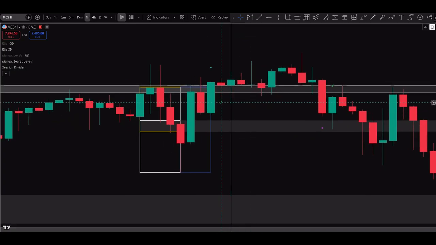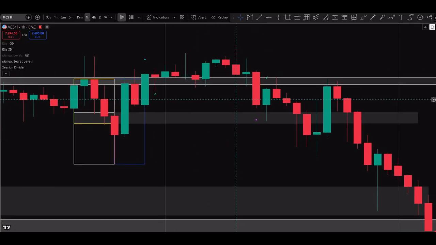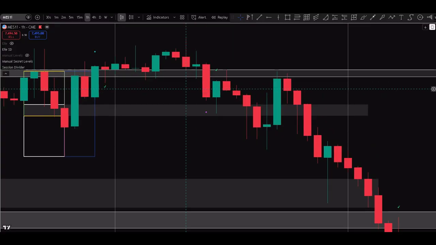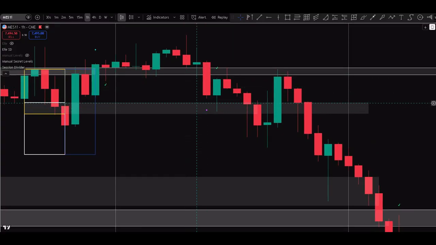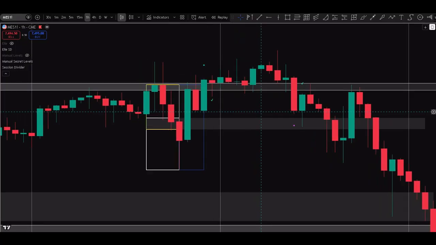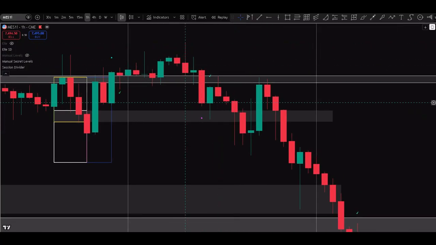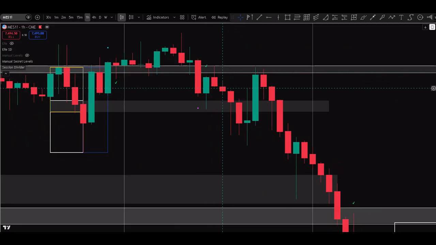So we would have been looking for a bullish entry when this candle traded below the level. You can see that we stayed above the level until this candle closed below it, which gave us a purple dot to indicate that a bearish candle has closed below your level. And this green check indicates that the following candle closed below that level as well. So the indicator is telling us that now you're bullish above this level, and at this point, you're bearish below the level.